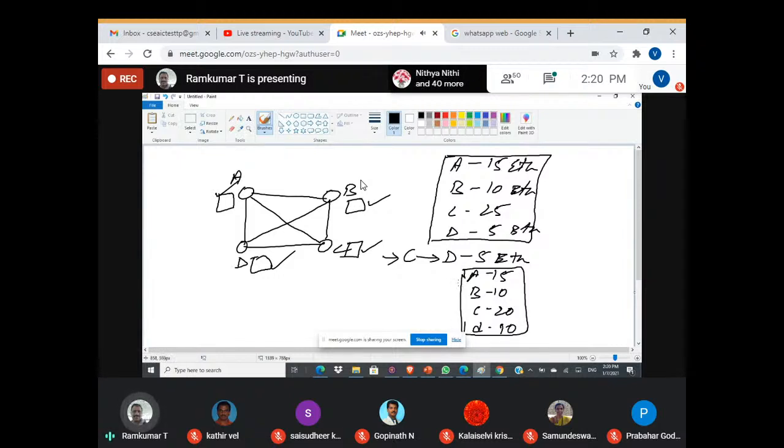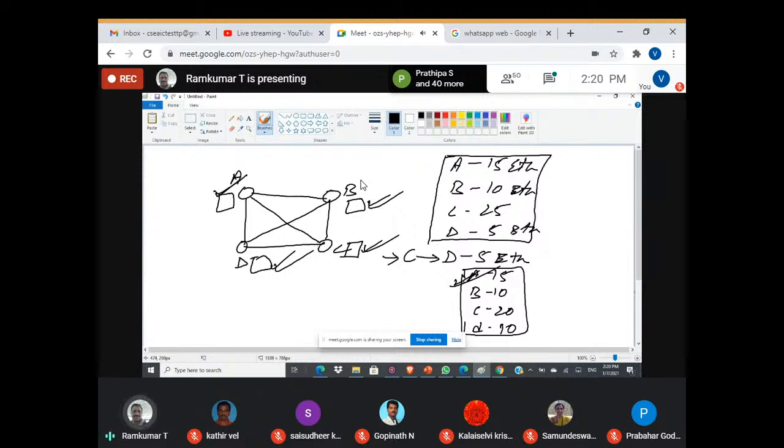So this is what we call a transaction state. In a similar way, this table will be updated by each and every node in the blockchain network.